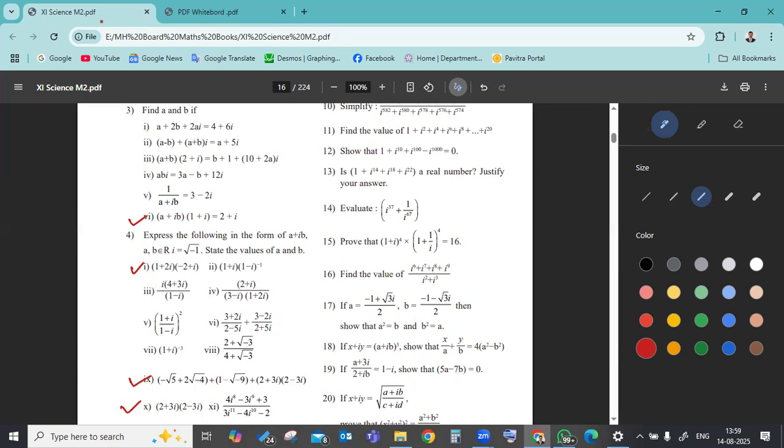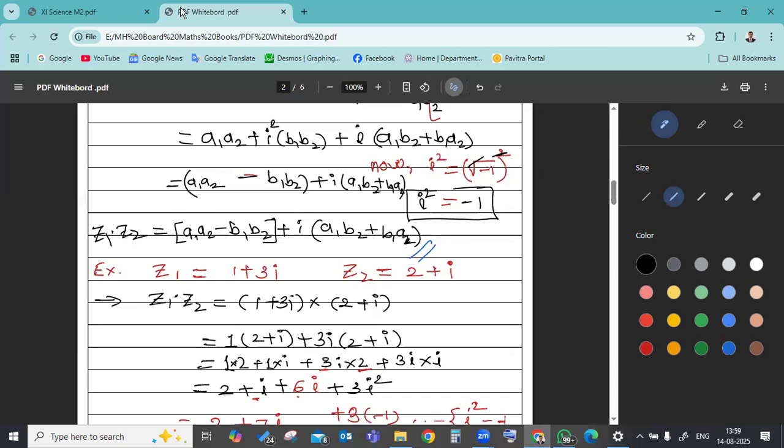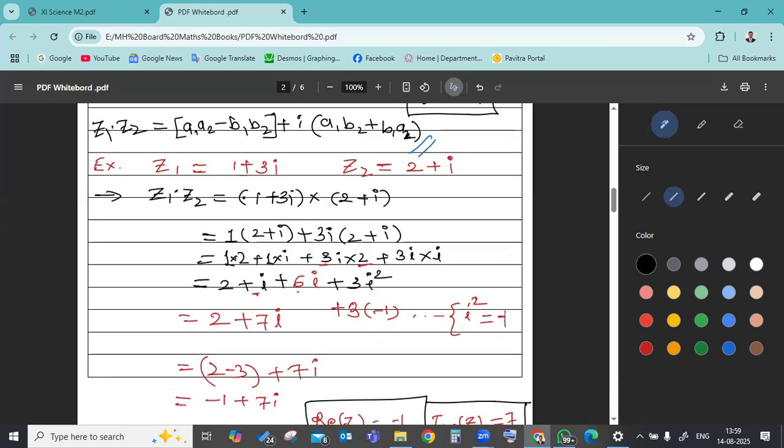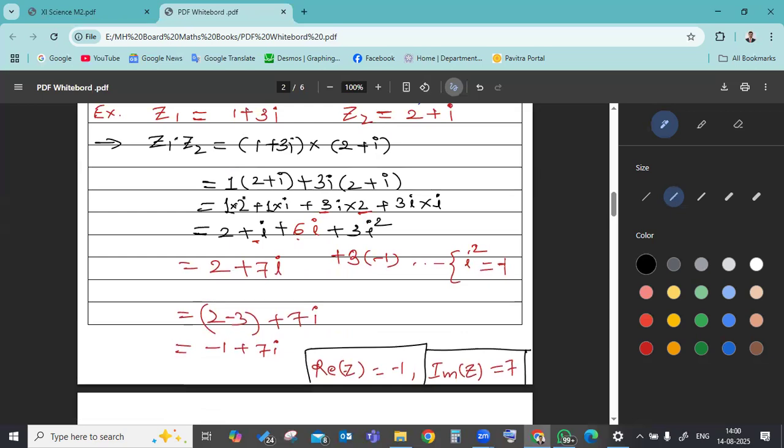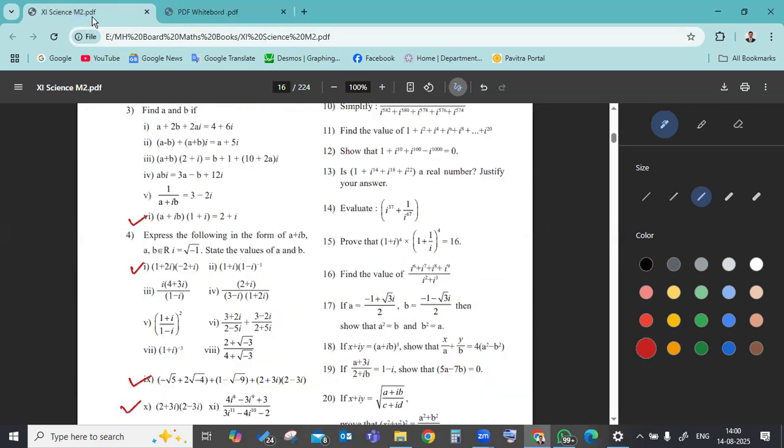Can I see that PDF for 1 minute so I can know the steps how to solve this? Okay. 1 minute only. Now this.